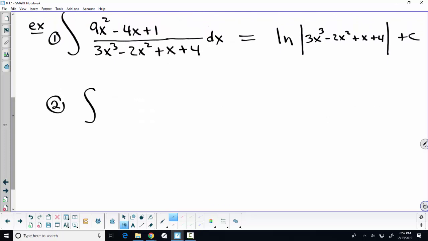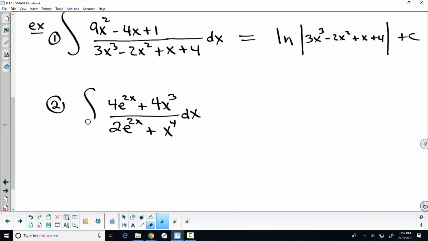What about the antiderivative of 4e to the 2x plus 4x cubed over 2e to the 2x plus x to the 4th? Is that in log form? Yeah.